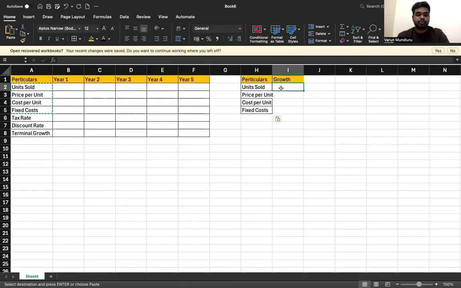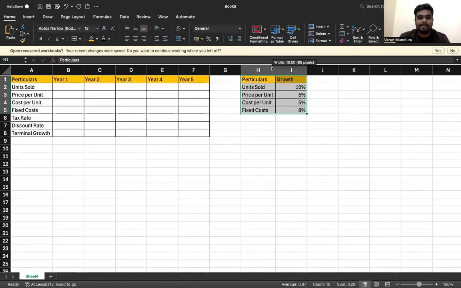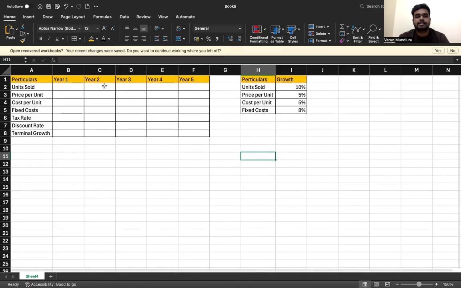Let us assume that units sold will be increasing by 10% year on year, price by 5%, cost by 5%, and fixed cost by 8%. Now, using these values, we will be able to forecast the data for year 2, 3, 4, and 5.